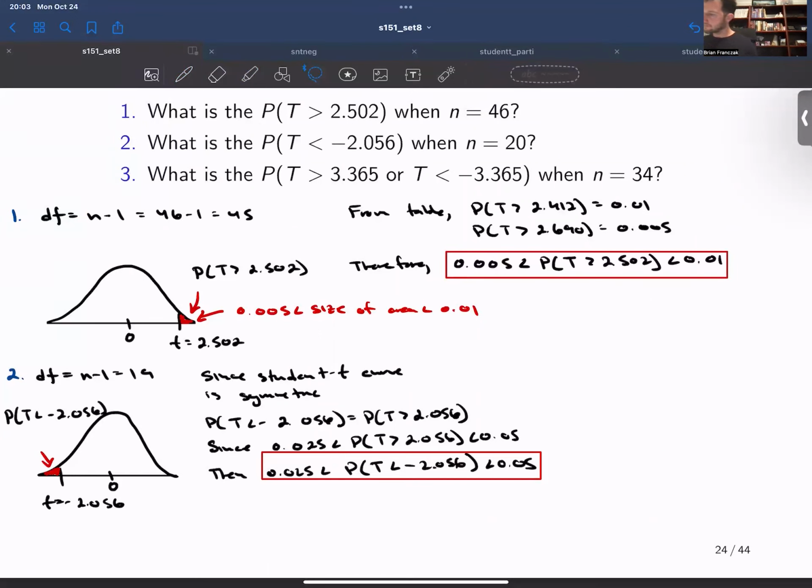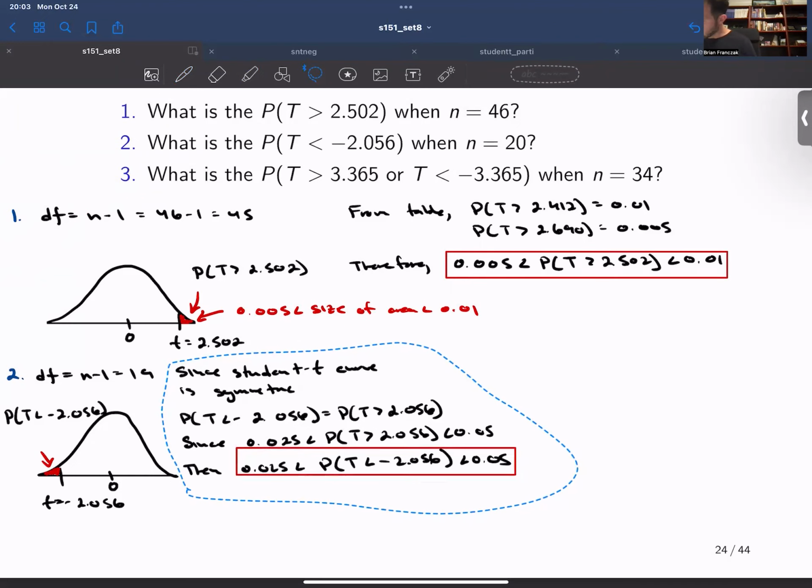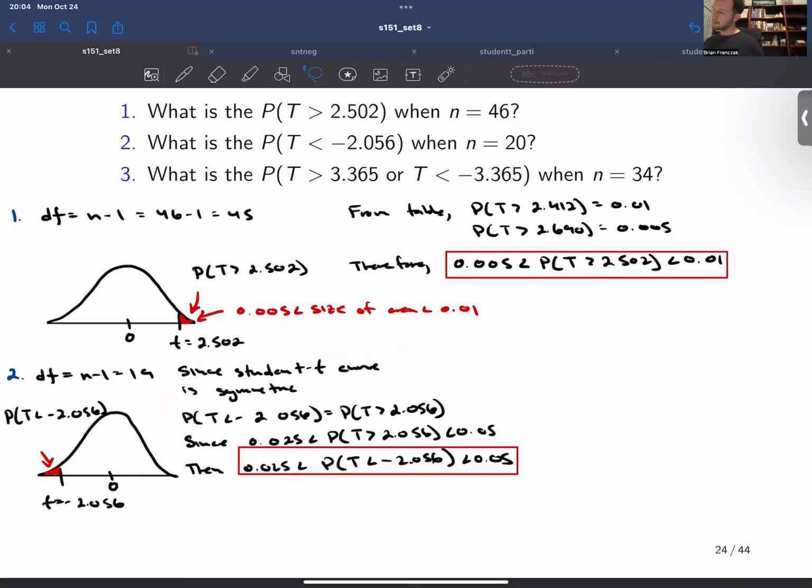All right. Now the last one says, what is the probability T is greater than 3.365 or T is less than negative 3.365 when N is equal to 34? All right, so I have DF is N minus 1, which is 33.